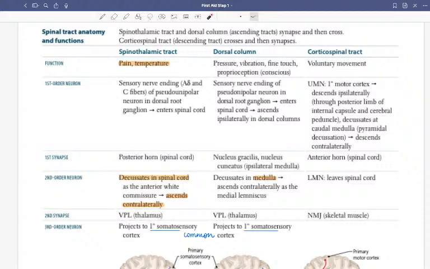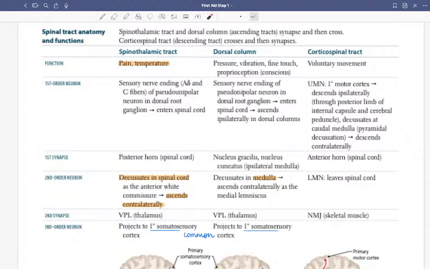Okay, so here what happens? Spinothalamic basically crosses. The first order neuron you basically have from the posterior, and then it enters. See, this is sensory, right? So it is entering from the dorsal root ganglion.